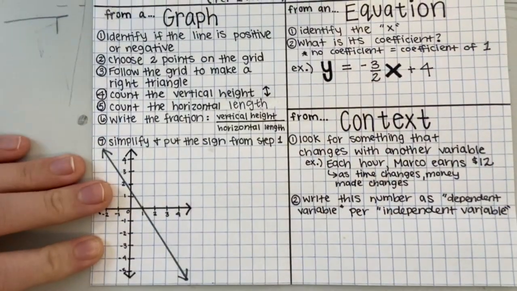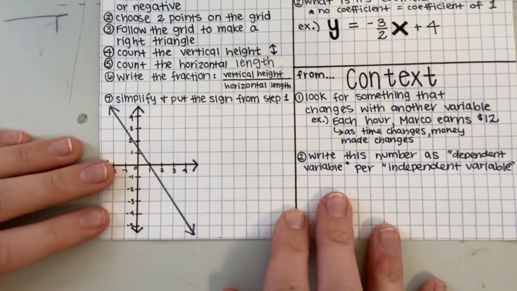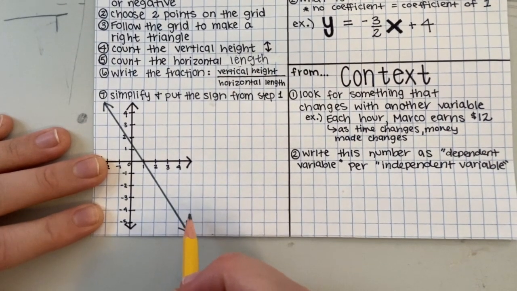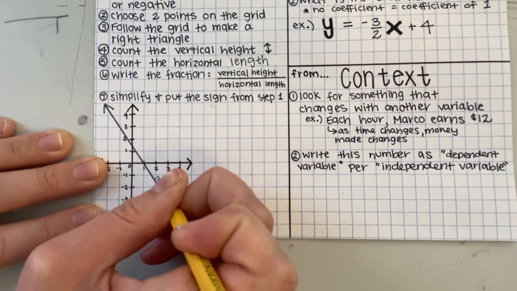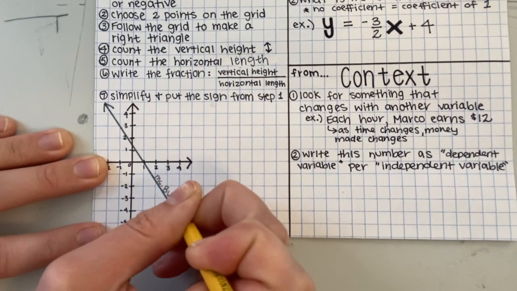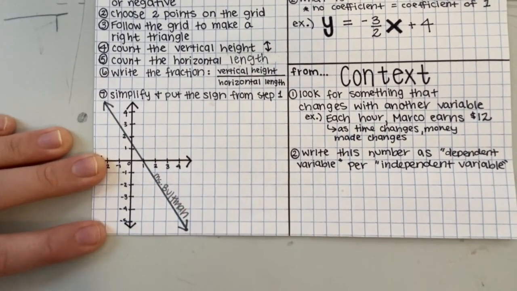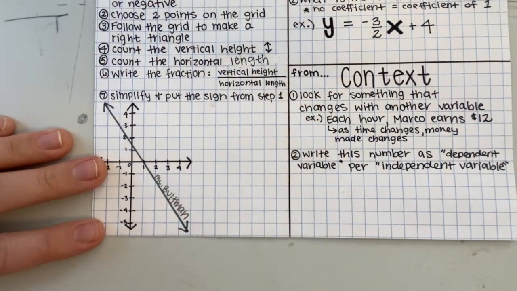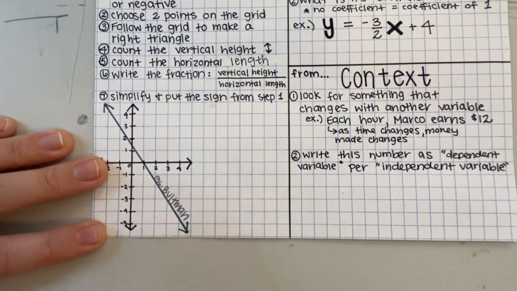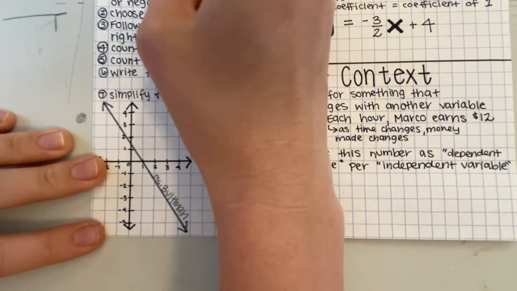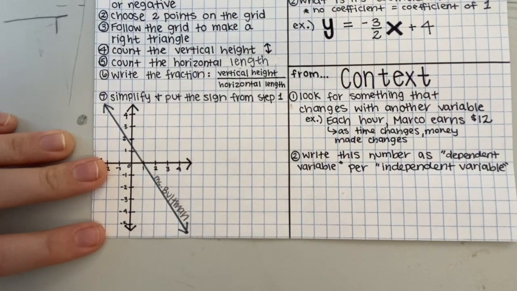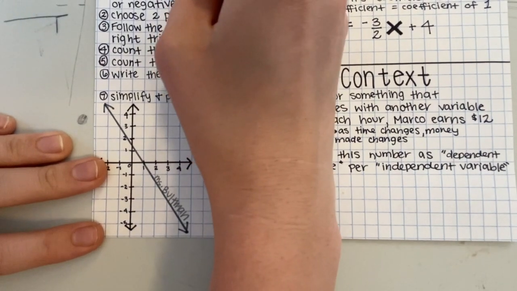So my first step is I'm going to look right here and I'm going to say, okay, is this positive or negative? When I write my name on it, it goes downward, so I know that this slope is negative. So I'm just going to make note of that, and I'm going to say that this slope is negative.